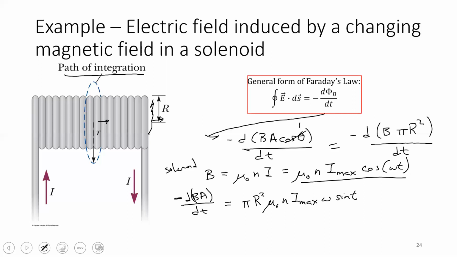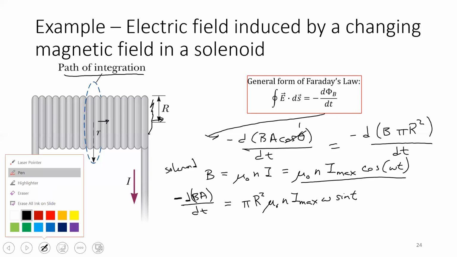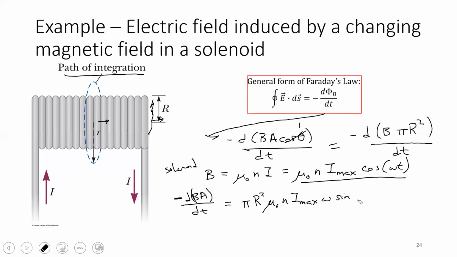So we've got, on the right-hand side, our changing magnetic flux being all these constants, omega, sine, and you know what? I dropped a thing. It should be sine omega t. I dropped a term. So that's a sine omega t. All right, so that's our right-hand side of the equation. It should equal the left-hand side of the equation. So it should equal the integral of E dot ds.